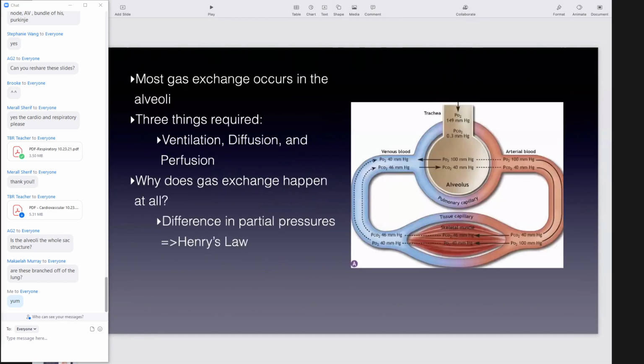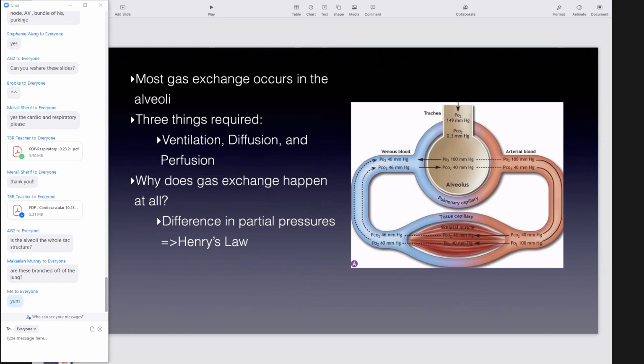All right, so gas exchange. How does gas exchange actually occur? The actual law that governs this is Henry's law. It's the difference in partial pressures or concentrations of these gases that causes them to diffuse one way or another, just like all diffusion, right? We're going to diffuse from high concentration to low concentration.